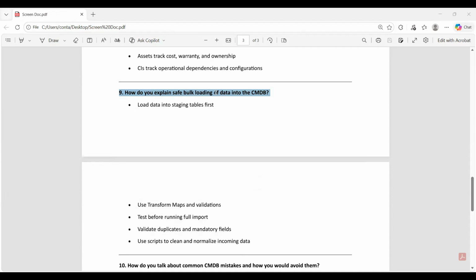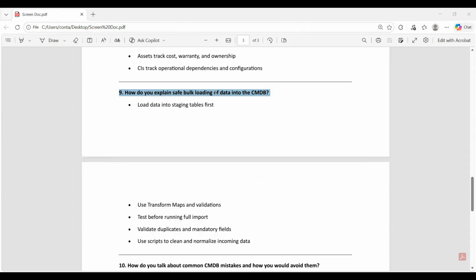First of all, the data is loaded into a staging table using import sets. After that, we validate the mandatory fields, format, naming standard, and duplicate possibilities. After proper validation and remediation, we create a transform map to move data into the correct CMDB classes.